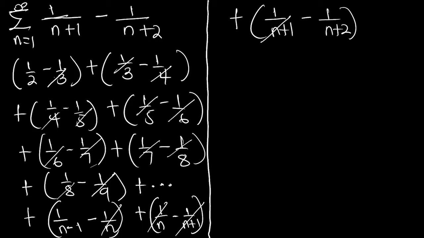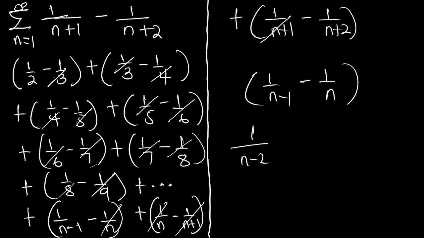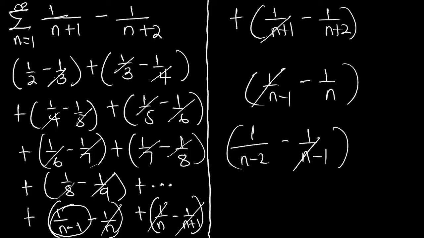Now let's write the terms backward from the last but 2 term and see. This is the last but 2 term, 1 over n minus 1 minus 1 over n. If we go back, we are going to have 1 over n minus 2 minus 1 over n minus 1. So of course, this is going to cancel this. When you go back, this 1 over n minus 1 is going to be cancelled out by a certain term that we didn't write, but it is in the series.